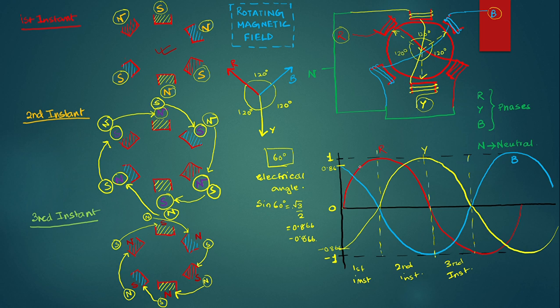So the red over here and the blue over here come to the negative, and the yellow over here, which is in the positive, was previously in the negative section. So there is a rotation of polarity also. So this is why this phenomenon is called rotating magnetic field.